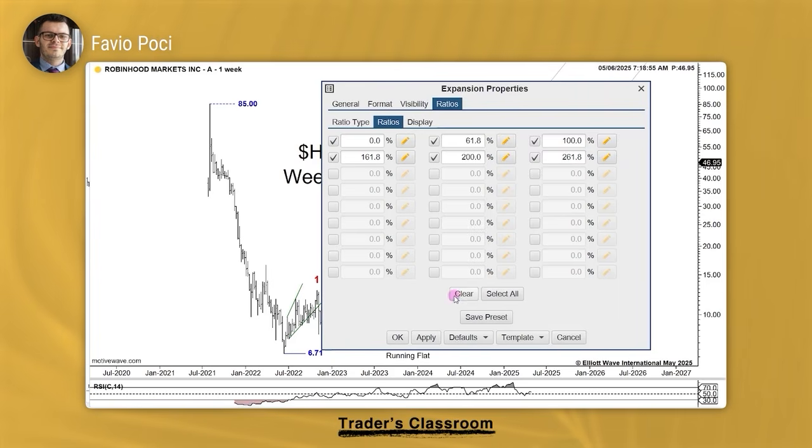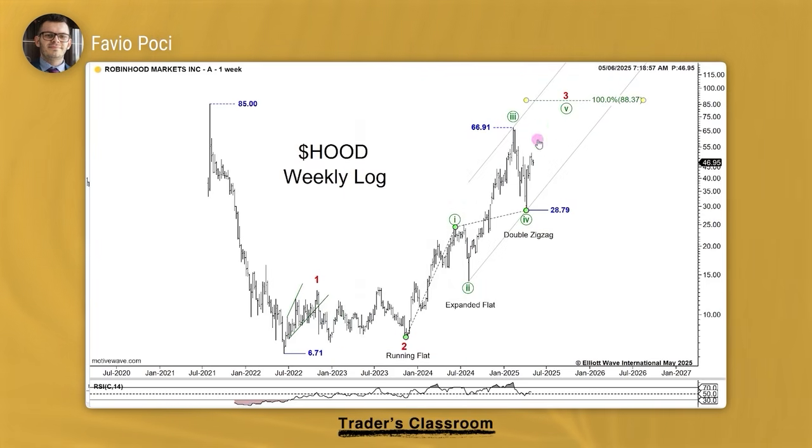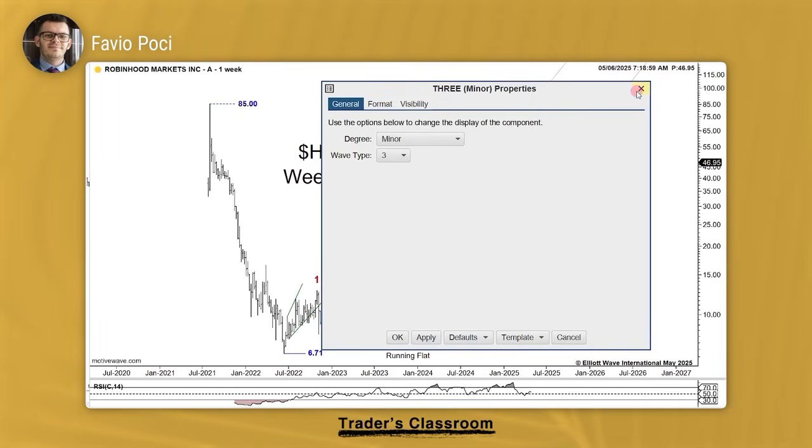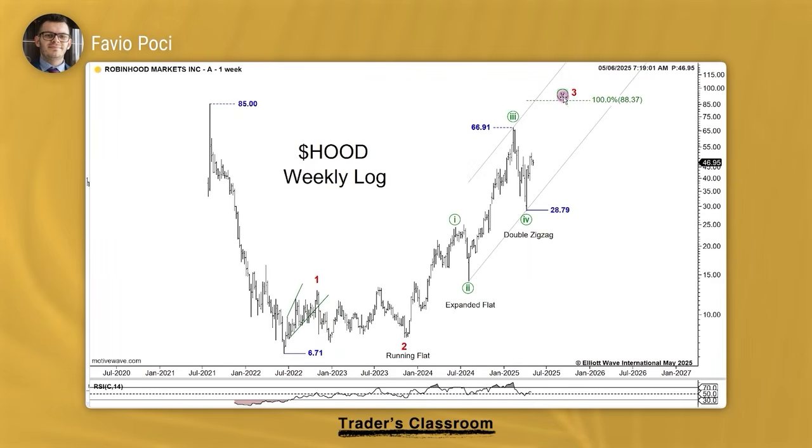88.37. And so let's color code it. So you know that we've got the target here for green wave 5 of 3. That's a decent target. It's calling for 100% growth from current level, and this market should continue to trade the remainder of wave 5 above the trend channel's lower boundary.